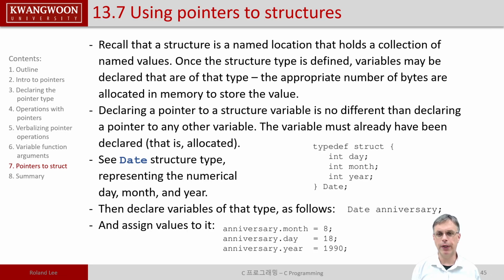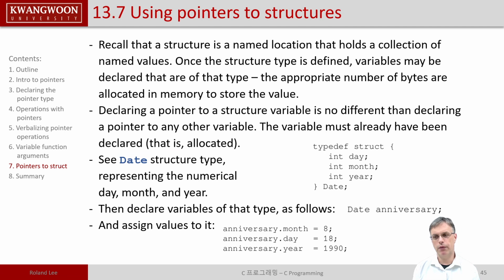So also recall that a structure is a named location that holds a collection of named values. A structure as a whole is named, as are each of the member elements of that structure. Once the structure type is defined, variables may be declared that are of the type.